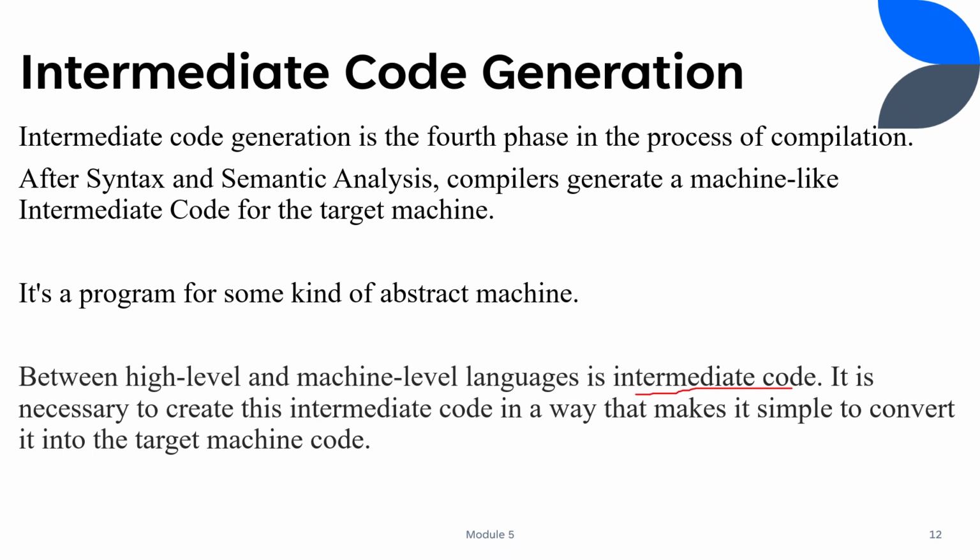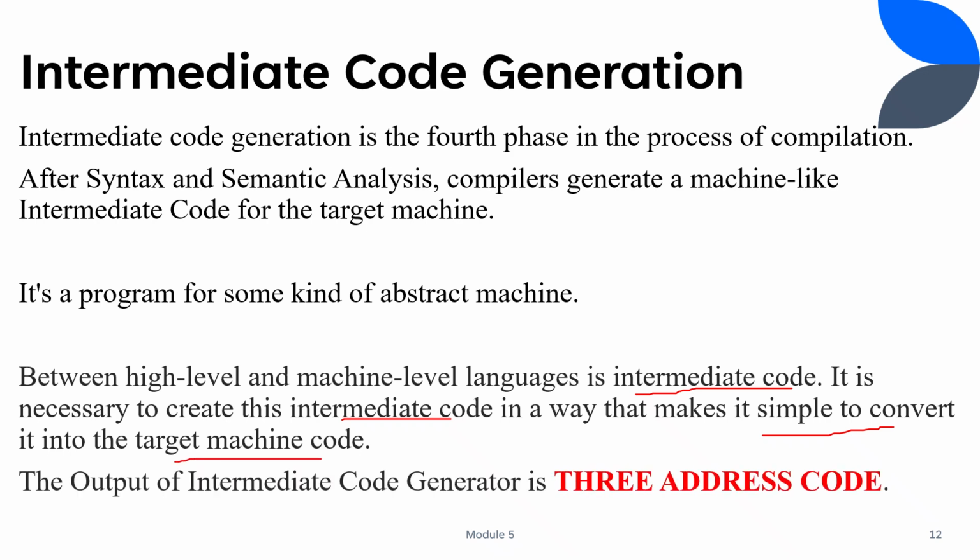This step is necessary because generation of intermediate code makes it simple for the compiler to generate target machine code. The output of the intermediate code generator is also referred to as three address code. In short, you can write it as 3AC.